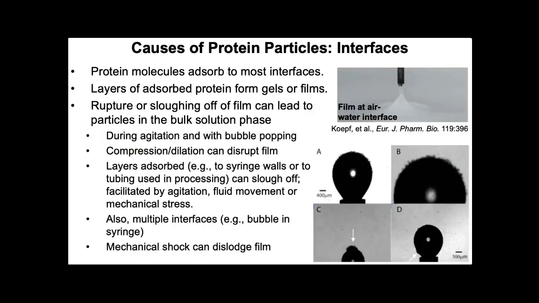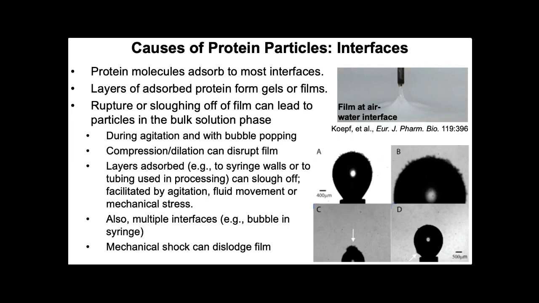And the reason for this is proteins form films at interfaces. Here's a photograph of one of those films being drawn up from the air-water interface. Here are photographs of an air bubble with protein forming film and then chunks at the surface. And as you compress the bubble and expand it, you can knock those pieces off. So the film formation is the first step in interfacial induced aggregation or particle formation.